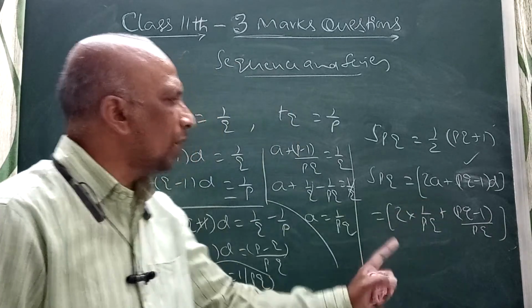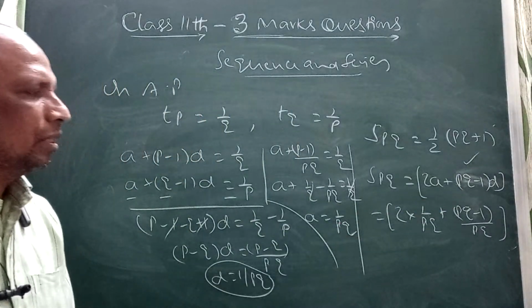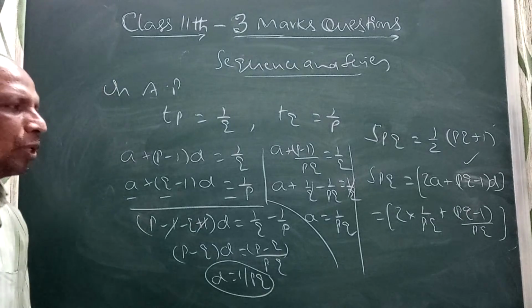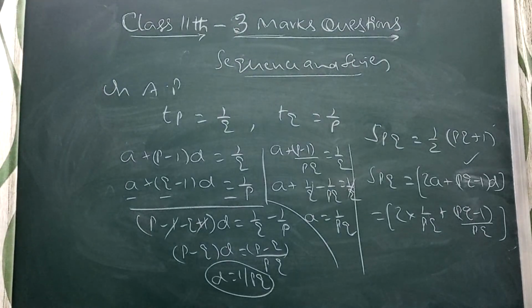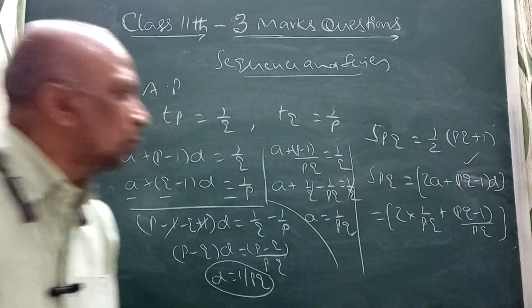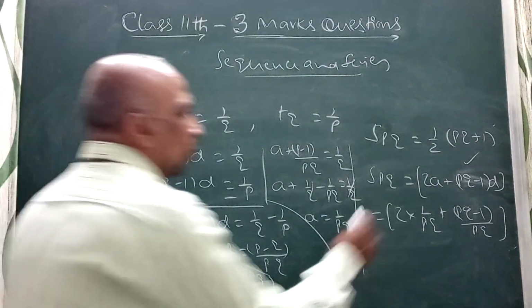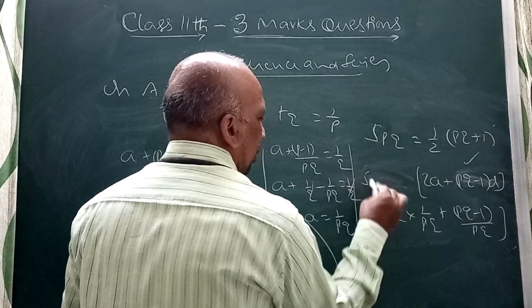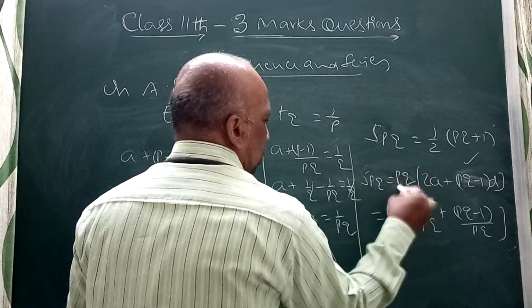Then I can simplify here. They're asking the sum of these terms, right? 2 by pq, pq by pq minus 1 by pq. They're asking to prove that the sum of pq terms is equal to pq plus 1 by 2. So I can write n by 2 in this formula, S of pq is equal to pq by 2.